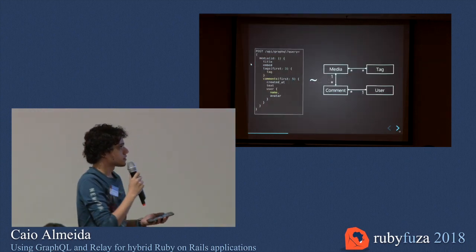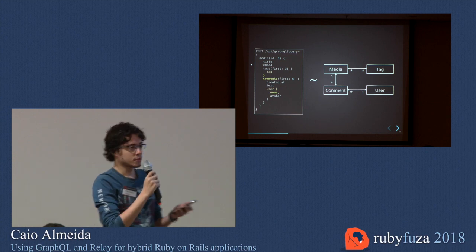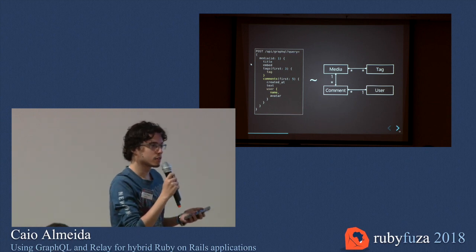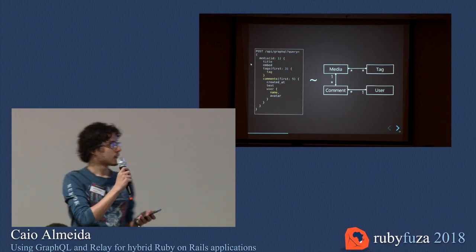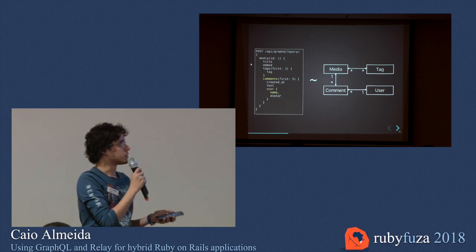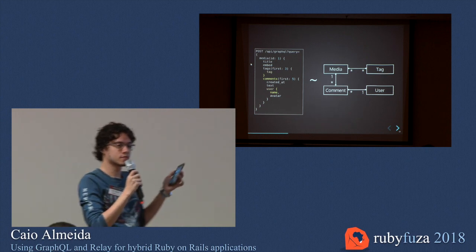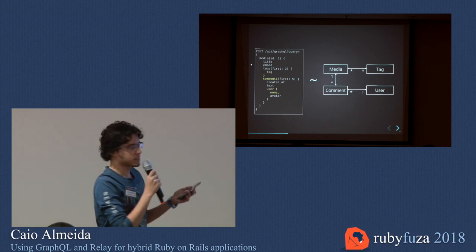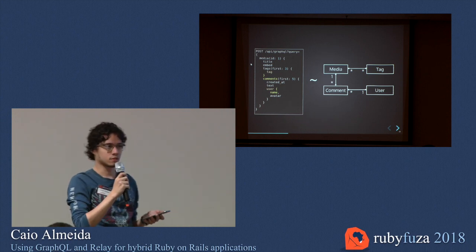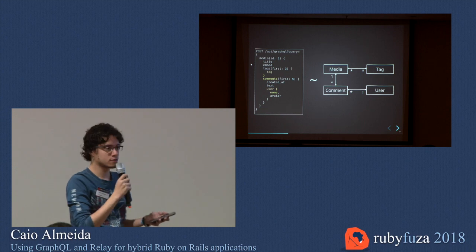And then we can see that there is a visual equivalence between the query that we're sending to the backend and our data model, by the way that the fields are nested and such. It makes sense to what we have on our data model, so the code becomes easier to understand.